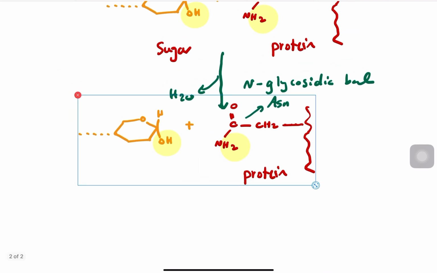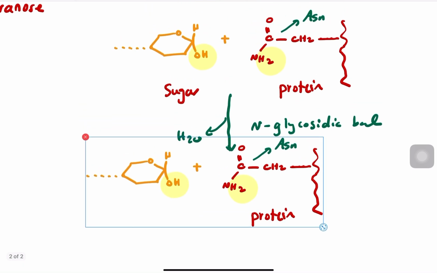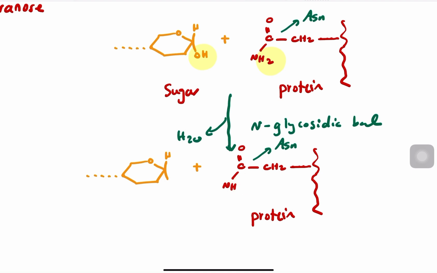As you see here, this OH group cancels, this hydrogen cancels, and they bind each other. It is an N-glycosidic bond, which shows how the sugar unit binds with the protein. We can see this type of structure in the cell membrane, very important.